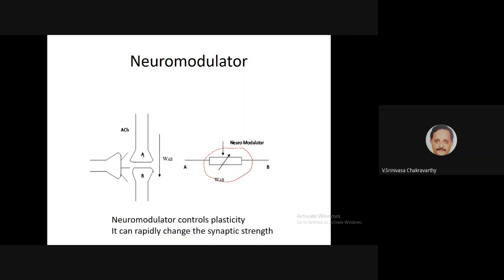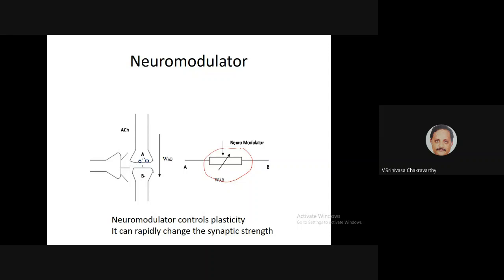So in this synapse, let us say it releases some kind of neurotransmitter, let's say GABA or glutamate. If you have a neuromodulator projecting to this synapse, the synapse has a presynaptic side and postsynaptic side. When the terminal of a neuromodulator neuron comes to this synapse, it controls the strength of the synapse by release of a second chemical.